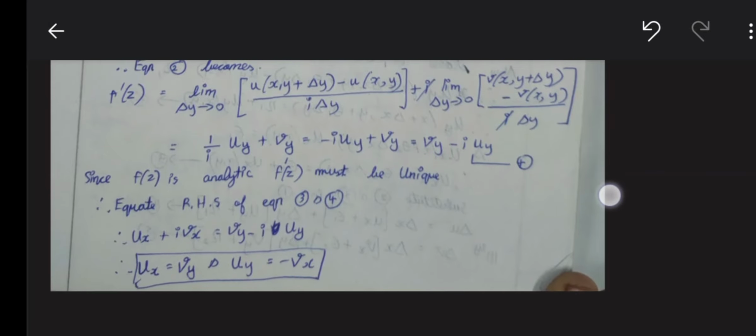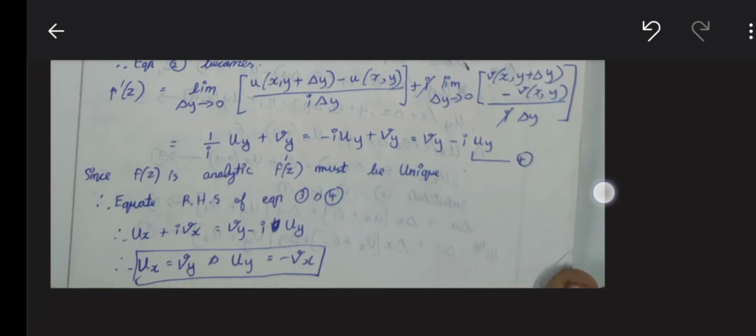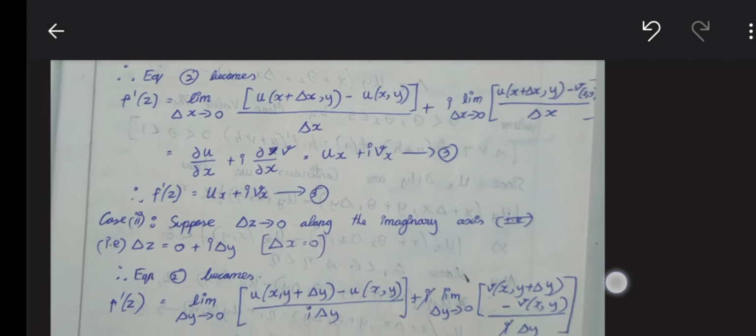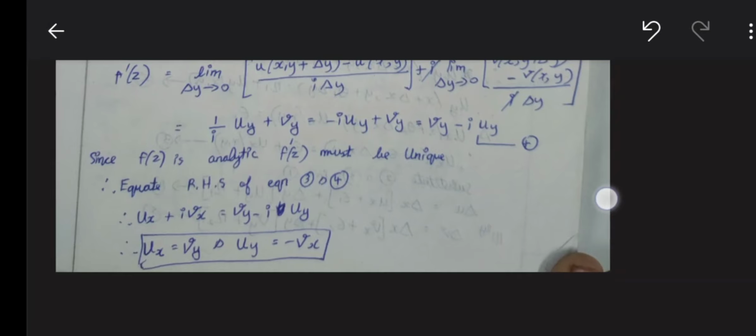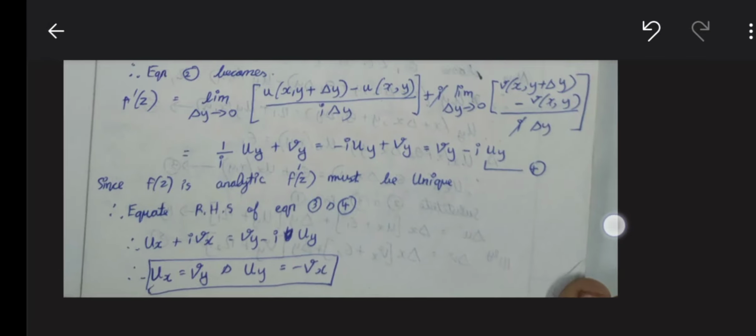Now, since f of z is analytic, f dash of z must be unique. If f of z is differentiable, then f dash of z has a unique value. So we equate the right-hand sides of equations 3 and 4.